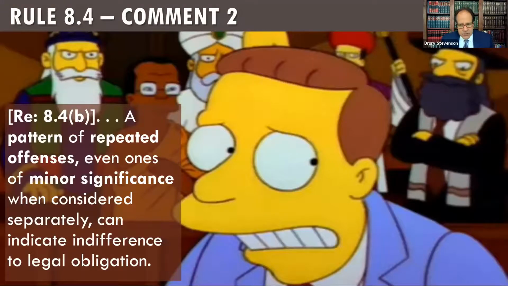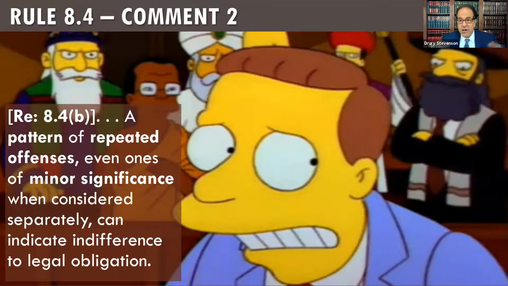Now, also note that this is still comment 2: a pattern of repeated offenses, even ones of minor significance when considered separately, can indicate an indifference to legal obligation. And so there are old cases about lawyers who have a whole bunch of little misdemeanor charges or unpaid fines and things like that that they just ignore, none of which on their own would be very serious or raise eyebrows at the bar.